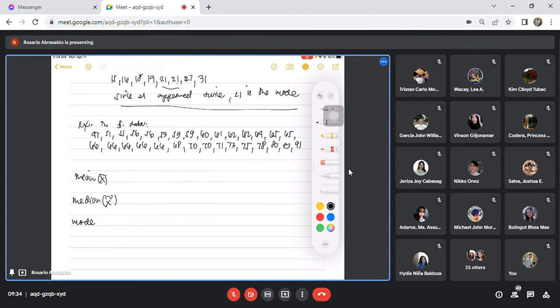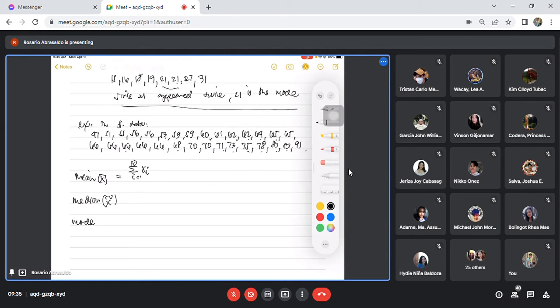Ang atong formula ani, the summation of x sub i, where i. So ato ihapon pila ni kabuok: 1 to 30.